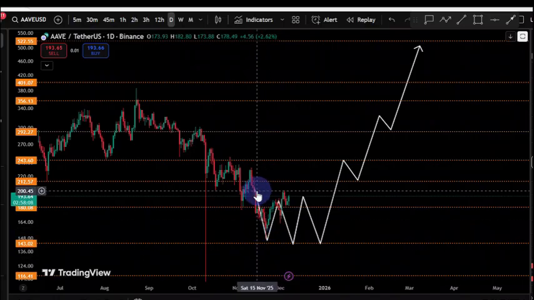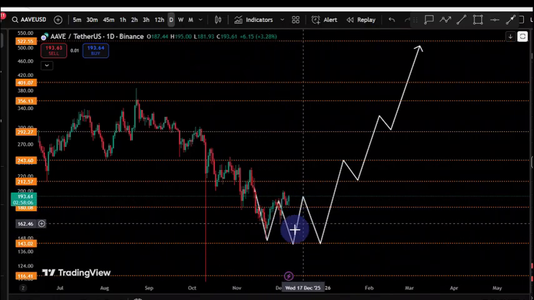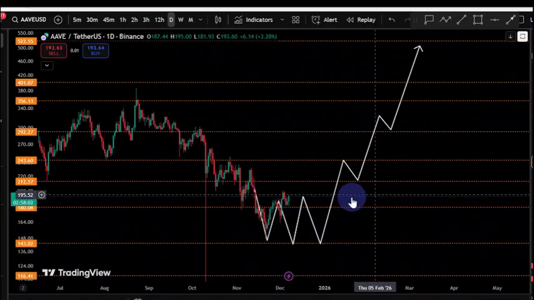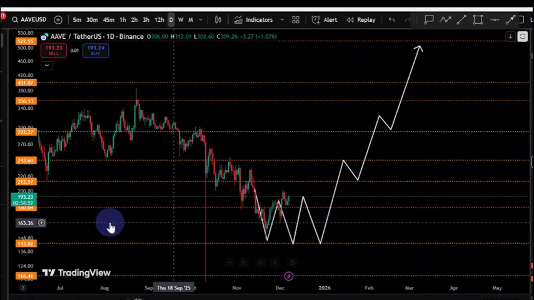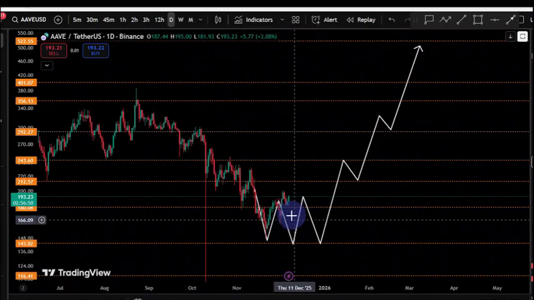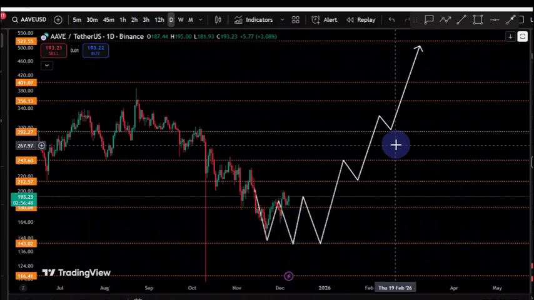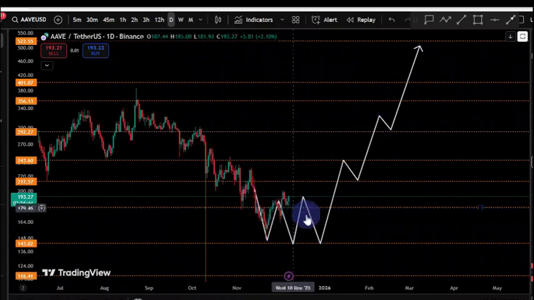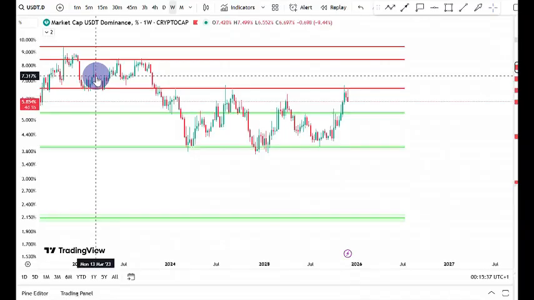And that's why we're saying December could be very flat. We could just see sometimes prices push up, sometimes prices push down. So basically what we're trying to say is that 2026 could be bullish, and that we should just wait out December and January.